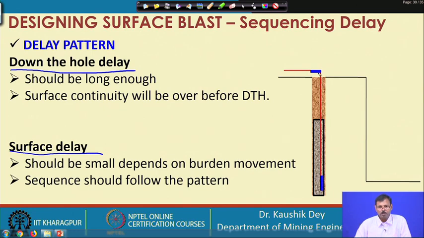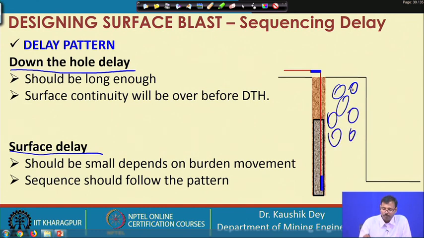In multi-row, multi-hole blasting, if the total delay time is very high, say 500 millisecond, 1000 millisecond, or 2000 millisecond, generally more than 1000 millisecond we try to avoid, but if it exceeds for a very large blast, then the fly rocks coming out from the rock blasted by the first hole may drop on the surface connection and cut the surface connection.